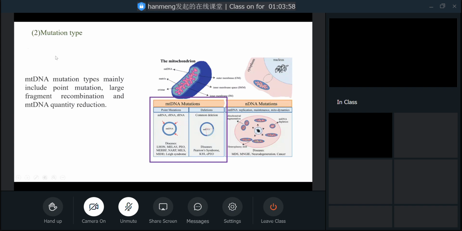What types of mitochondrial DNA mutation? The mitochondrial DNA mutation types mainly include point mutation, large fragment recombination, and mitochondrial DNA quantity reduction. So, the mitochondrial DNA mutation has three types.